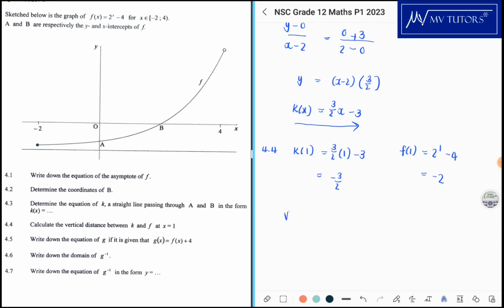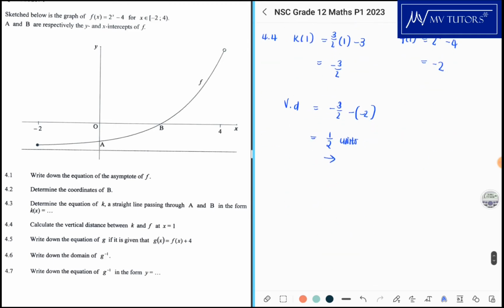So basically, I'm just going to say VD, the vertical distance between K and F at x is equal to 1 will basically be the negative 3 over 2 minus -2, and that is a half. Okay, -1.5 plus 2 is a half. And there we got it, or a half units, right? Because this is distance. We don't know what units are given, so just write units.